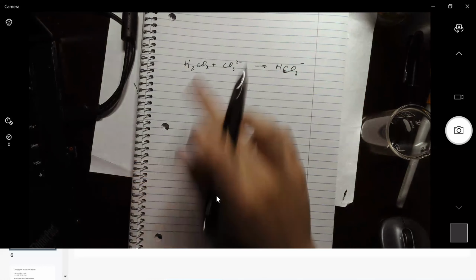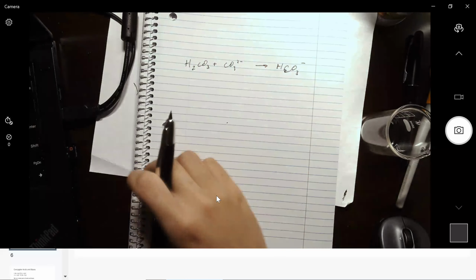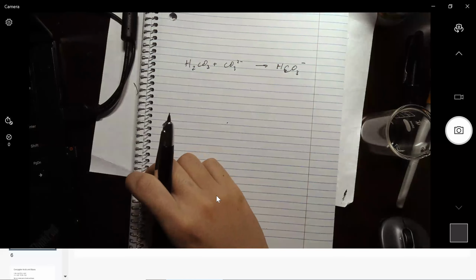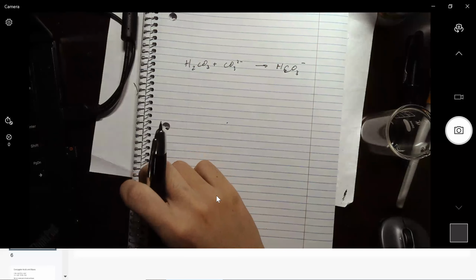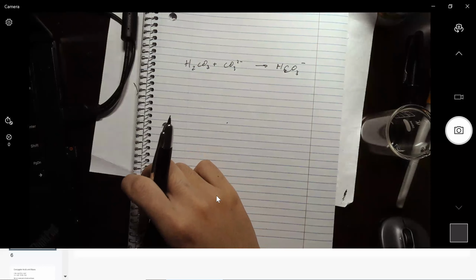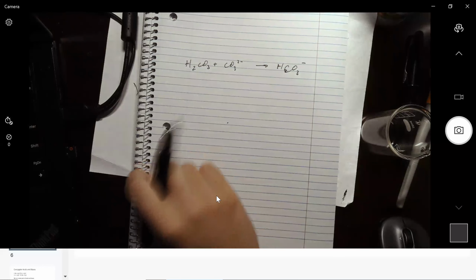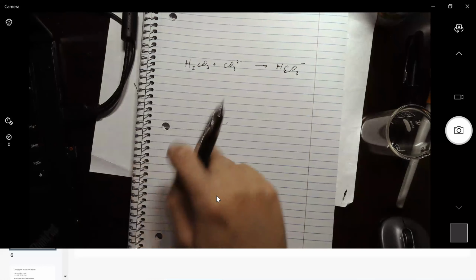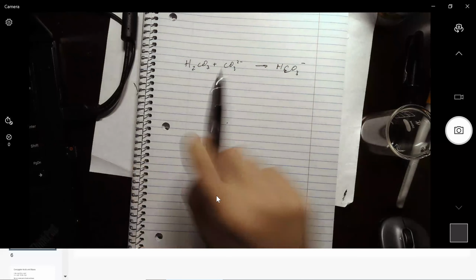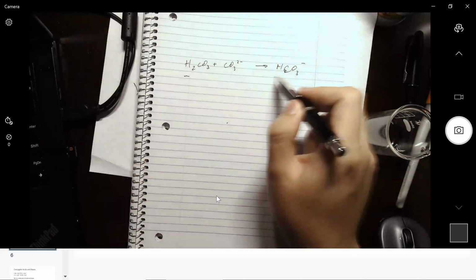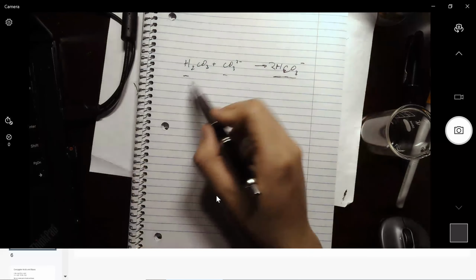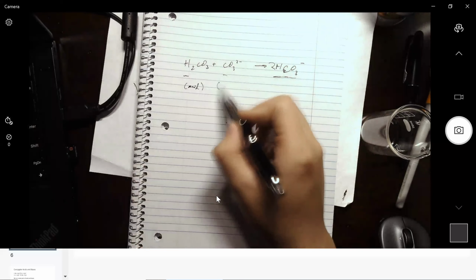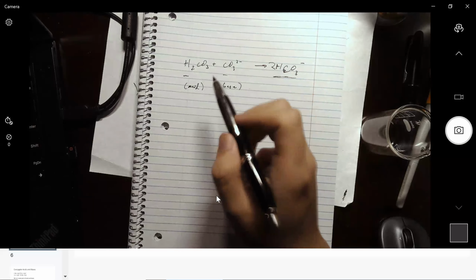Right. So which one is donating a proton? This one donates a proton to form HCO3-. This one accepts a proton. Oh, there should be a 2 there. So this is the acid, and this is the base. Okay.